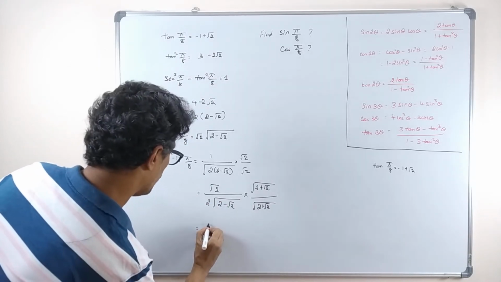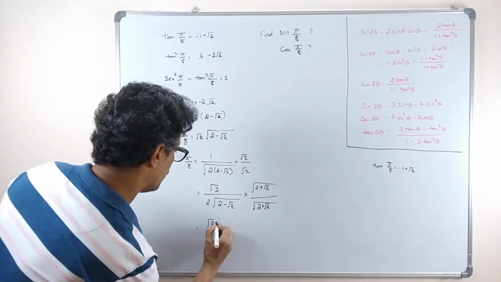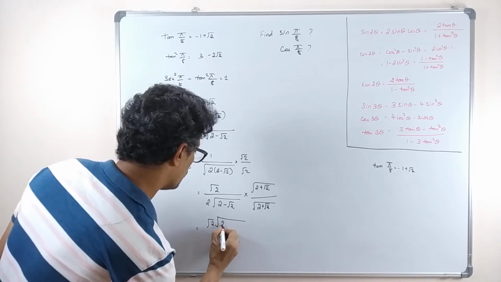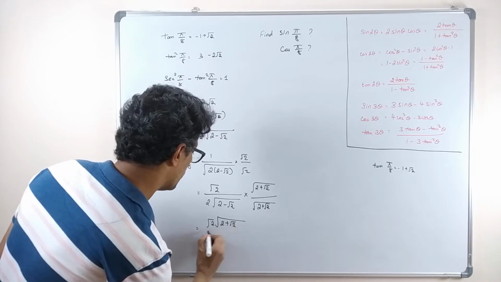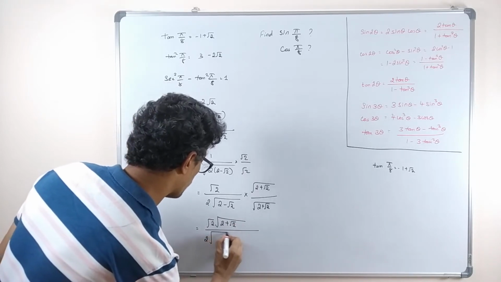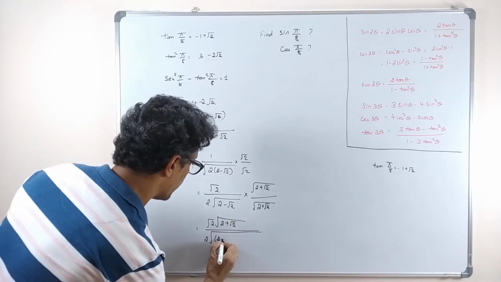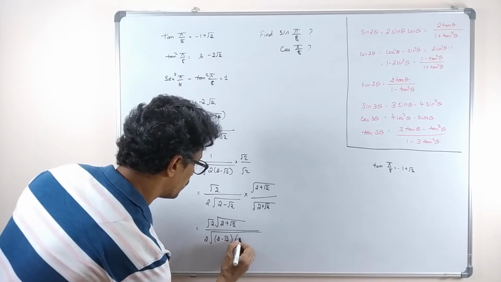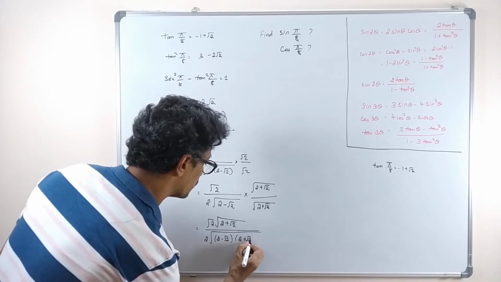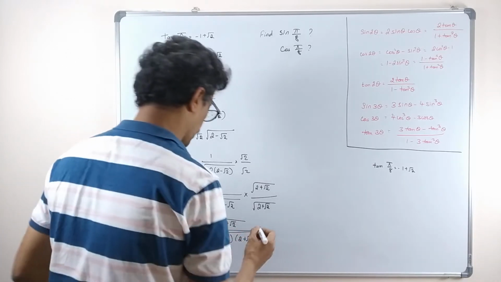Then this will be root of 2 into square root of 2 plus root of 2, divided by, you take 2 common and take the square root completely inside. Okay, so this will be 2 minus root of 2 into 2 plus root of 2. This will be a minus b, a plus b, so a square minus b square formula.